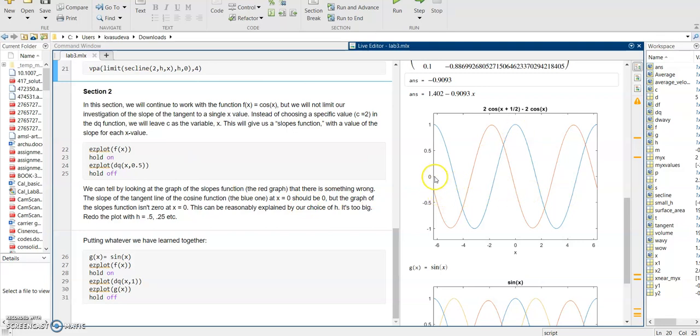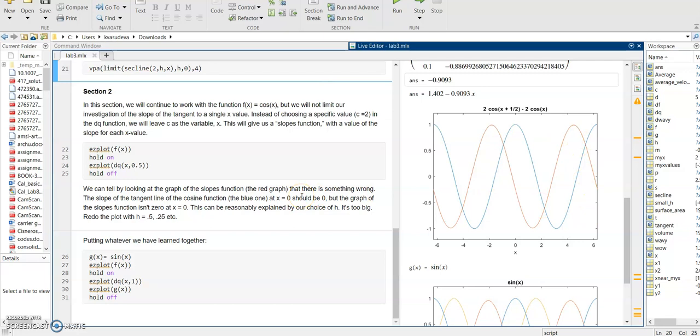Cosine of 0 is 1. So my blue curve is the cosine function, and the red curve is my slope function. So the slope is following the cosine graph. At h equal to 0.5, you have that slope.